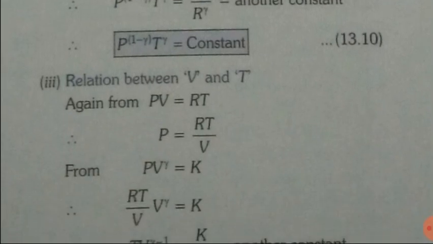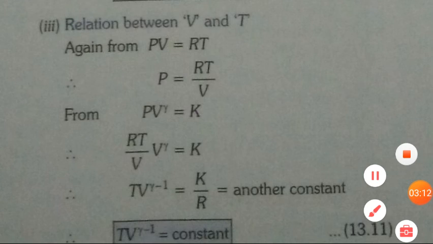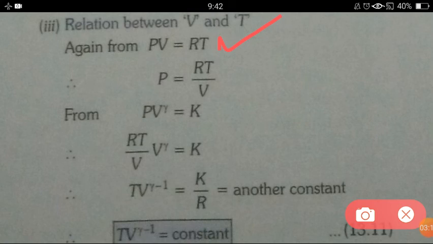Now let's move to the relationship between V and T, volume and temperature. Again we know that PV equals RT for an ideal gas, so P equals RT upon V. Now we will put that value of P in the adiabatic process equation.